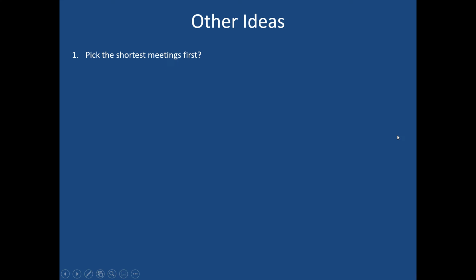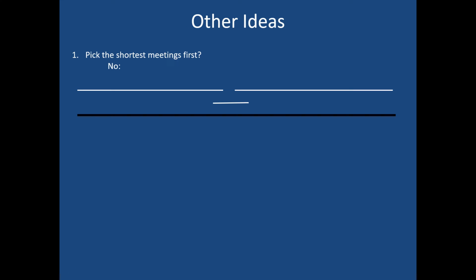All right, here's some other ideas. Picking the shortest meeting first, and there's that counterexample. What about this? What if we said, no, pick the meeting with the earliest starting time first? Why bother with earliest ending time? Why not earliest starting time? Can you think of a counterexample for that? Yeah. You could have a ton of really small meetings that all start after one enormous one.